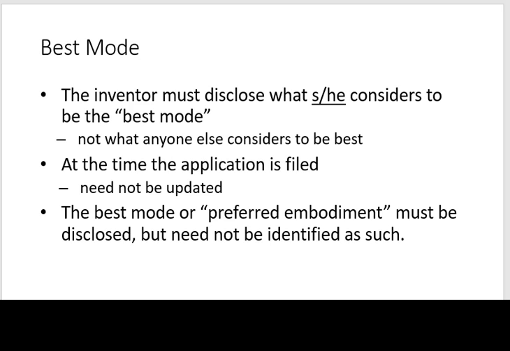Now, the inventor does not have to place in the patent what anyone else considers to be the best. And if a better way comes around to do, say, the assembly of the patent utility application, the device, you don't have to go back and update it.